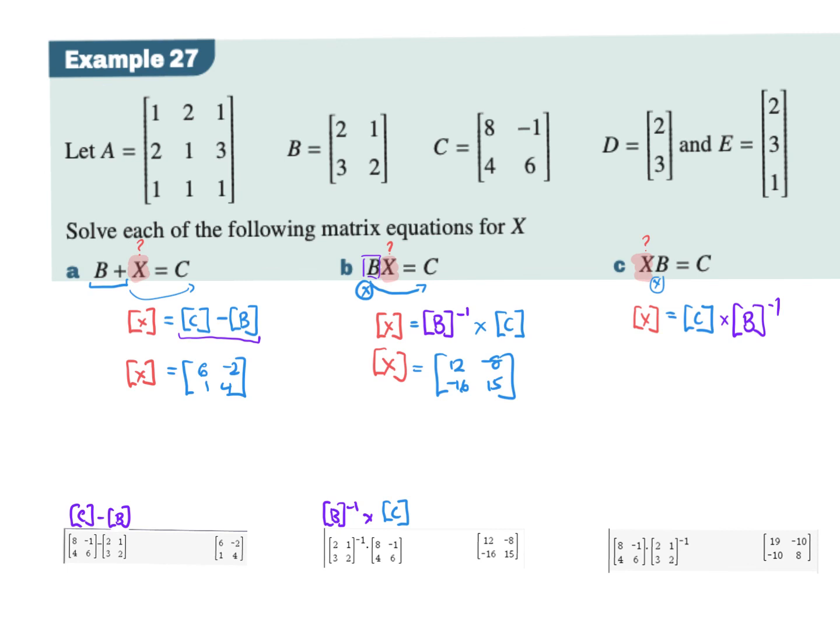So you can see down here, I've done matrix C on the calculator times the inverse of B, and I end up with my answer of X. I'm just going to write that down: 19, -10, -10, and 8.